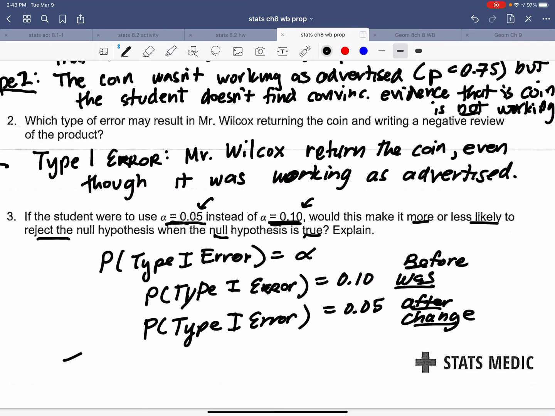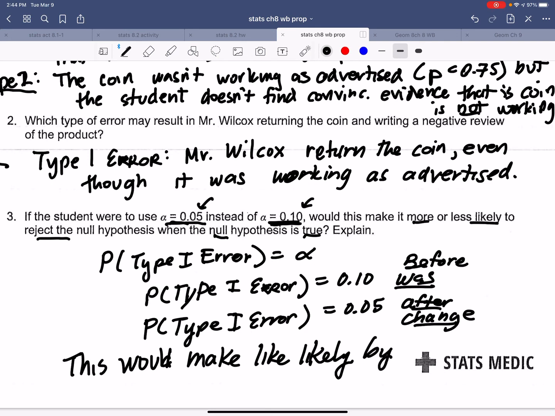This would make it less likely. In fact, 5% less likely. Why? Because by reducing alpha from 0.1 to 0.05.